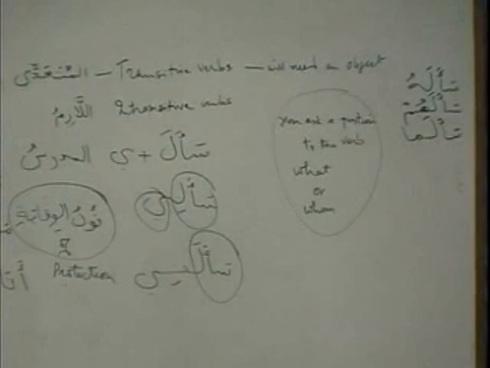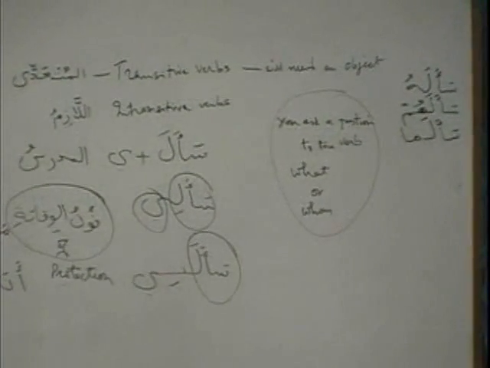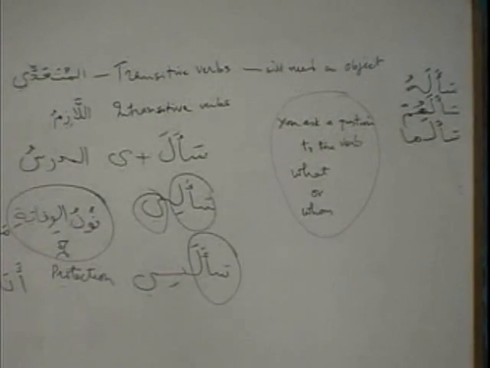Only in ya mutakallim you need a noon of protection to protect the verb from getting ruined. This is very important to understand. Now we have already done the lesson, so I do not want to repeat it. Inshallah, you will do the lesson and you will repeat it. And if you don't understand, you'll ask me in the tea break, brothers and sisters.